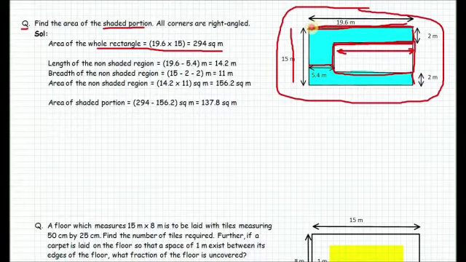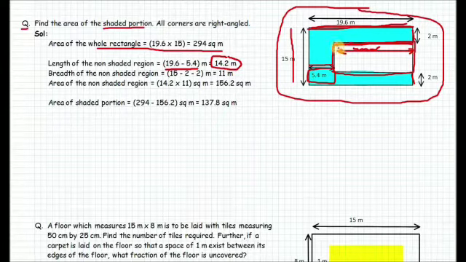The total length was 19.6 meter, and from that 19.6 meter, if you subtract this 5.4 meter, then you will get this length. Am I right or no? So 19.6 minus 5.4, that is 14.2 meter. That means the length of this side is 14.2 meter.